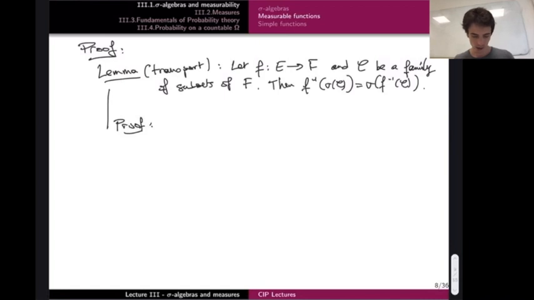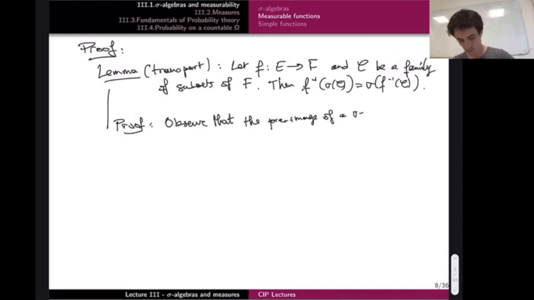And to do that, observe that the pre-image of a sigma algebra is again a sigma algebra. Okay, so this is left as an exercise for you.